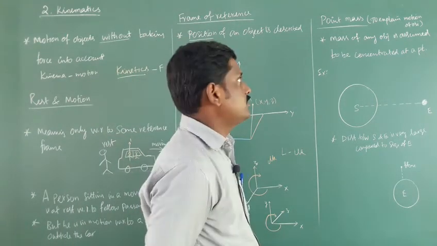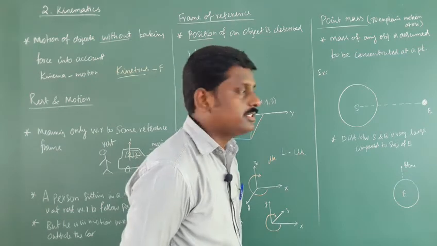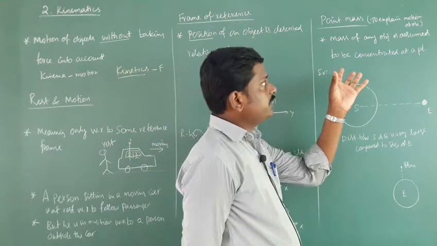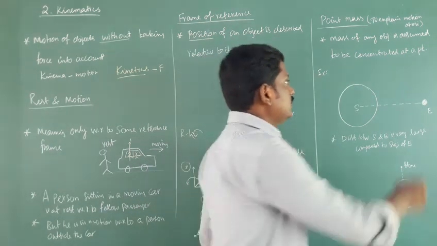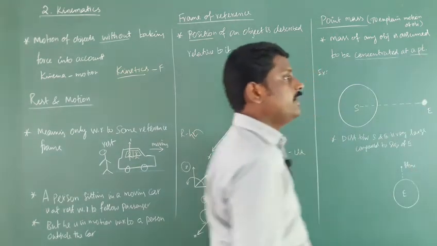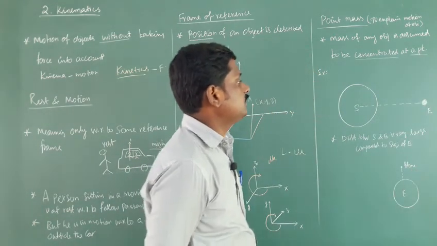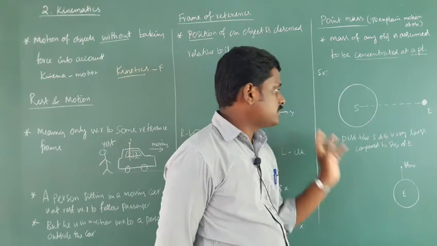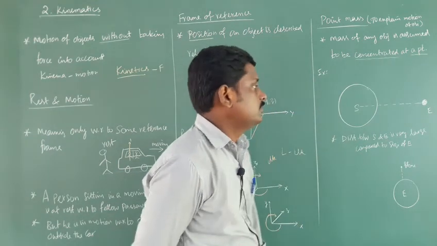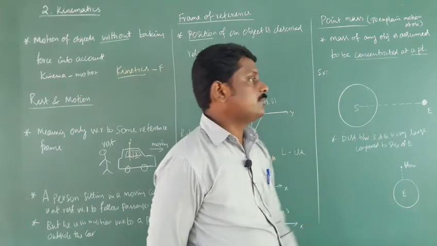Point mass means that to explain the motion of an object, the mass of the object is assumed to be concentrated at a single point. Consider the earth revolving around the sun. The earth is considered a point mass. Why?